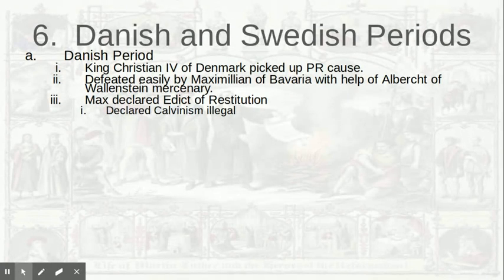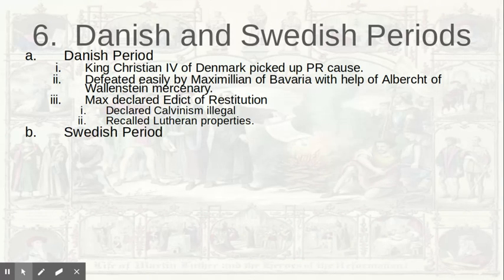And part of this edict of restitution is they declare Calvinism illegal. And church property that had been taken, or maybe even from nobles by Lutherans, he is going to seize back. So property is going to be recalled.